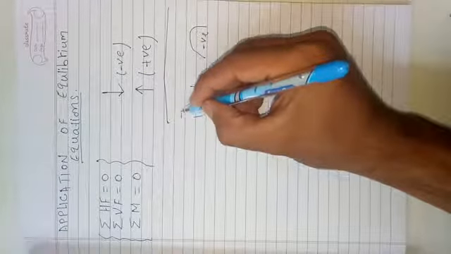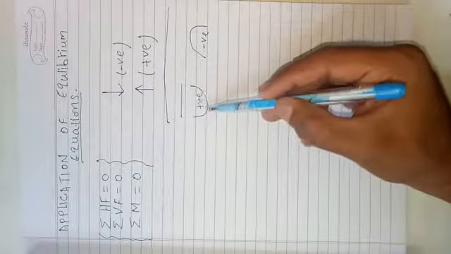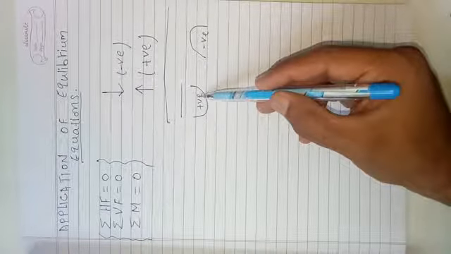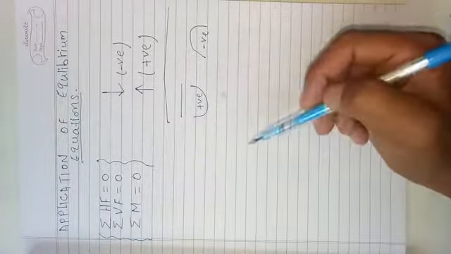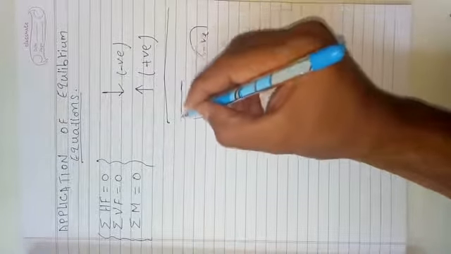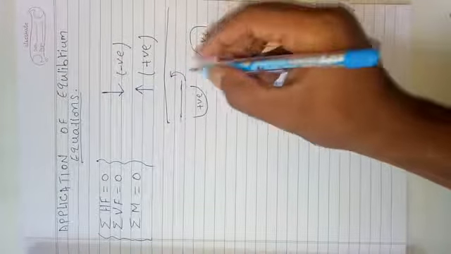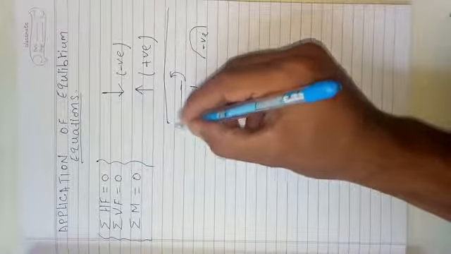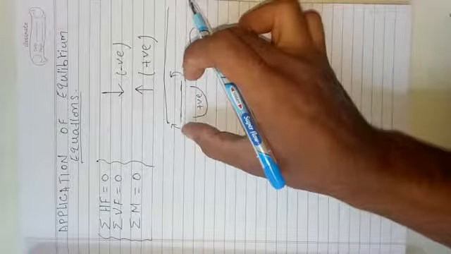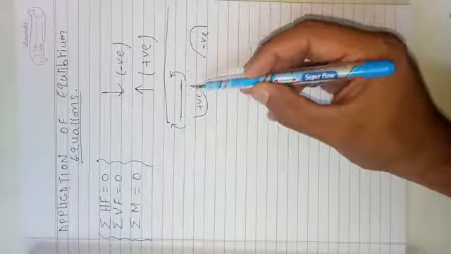It means if there is a beam and a moment will try to rotate it upwards, we will take that moment as positive. Suppose this is a simple beam and there is a moment in the anti-clockwise direction and a moment in the clockwise direction, we will treat them as positive because both of them will try to rotate the beam upwards.